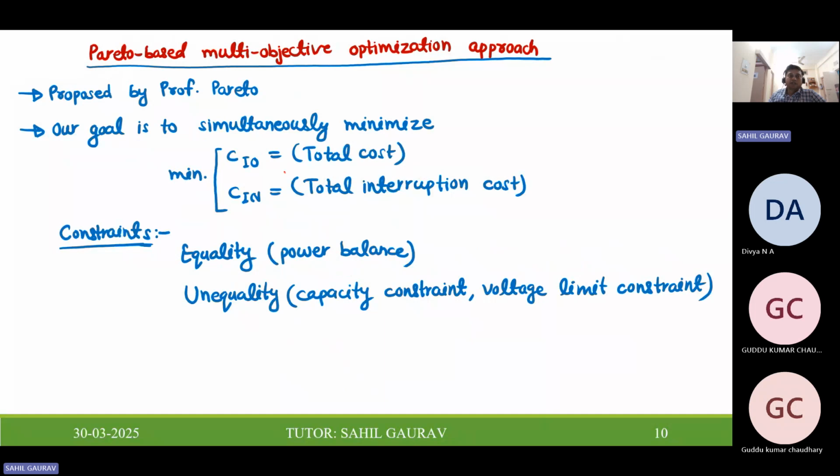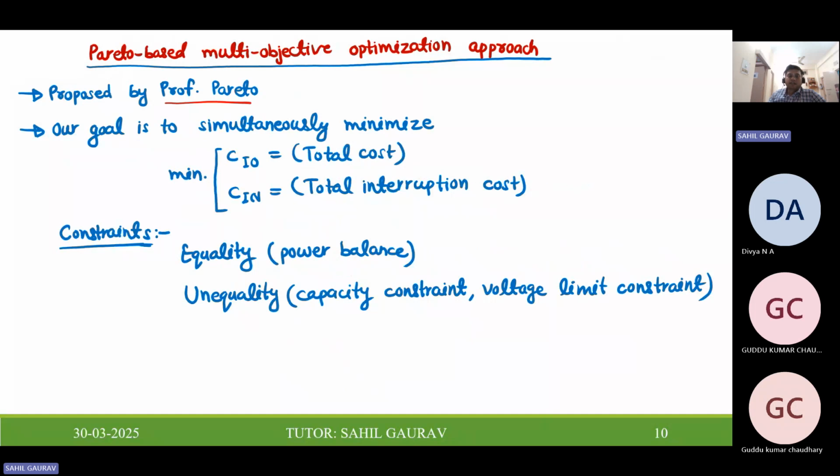Now the most used approach for solving this multi-objective optimization problem is the Pareto based approach. This is one of the widely used methods for solving multi-objective optimization problems, and it was proposed by Professor Pareto. In this, the goal is to simultaneously minimize, like here, total cost and total interruption cost for the power distribution planning optimization problem.